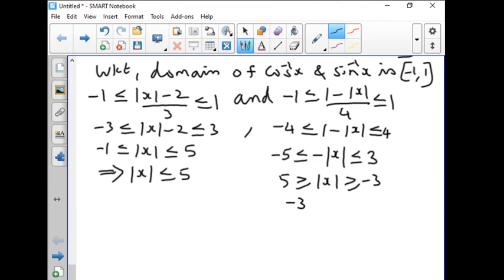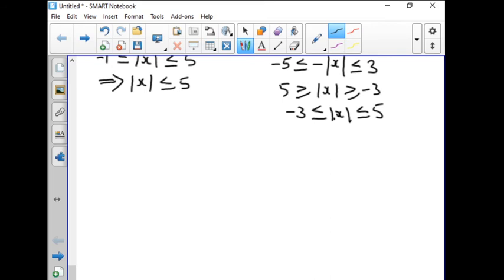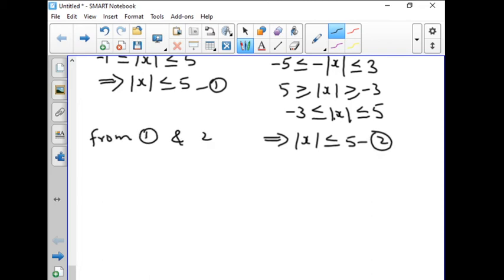So, how do you write this? Minus 3 less than or equal to modulus of x less than or equal to 5. Here also the same, modulus of x cannot have negative values. Therefore, here also we have only modulus of x less than or equal to 5. So, this is 1 and this is 2. From 1 and 2, we get only modulus of x is less than or equal to 5.